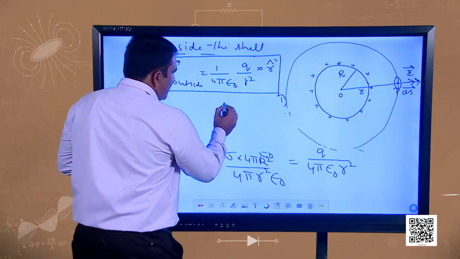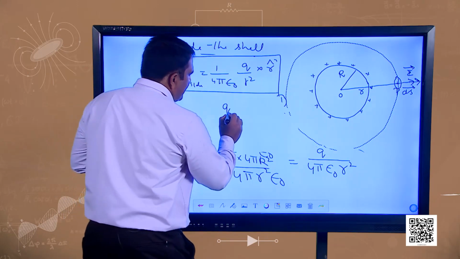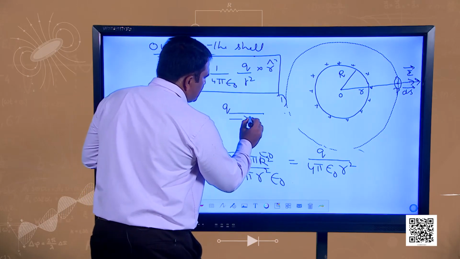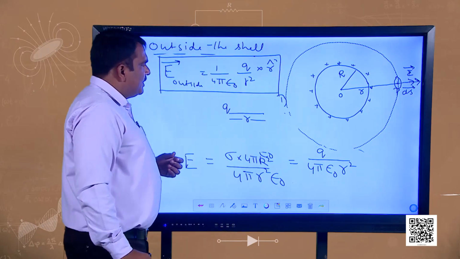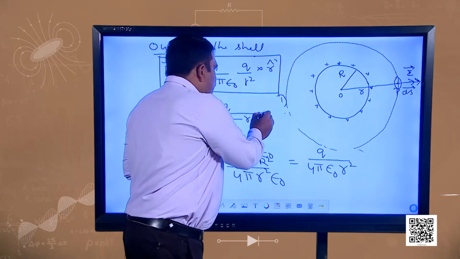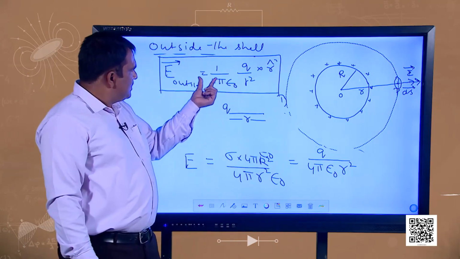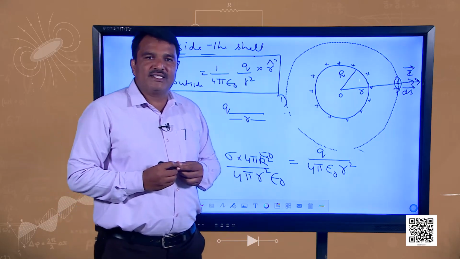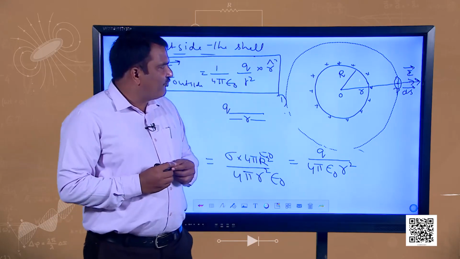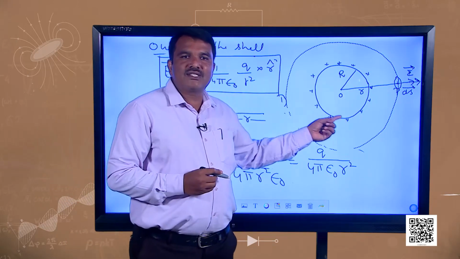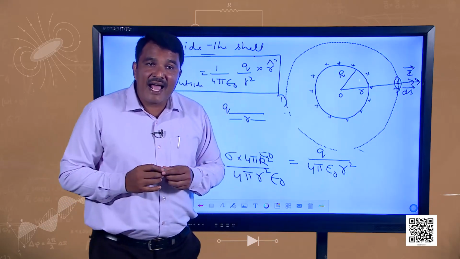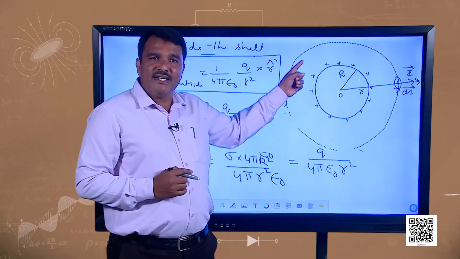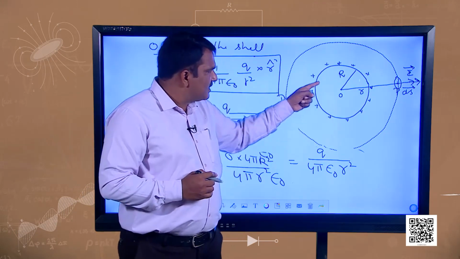Suppose this is a point charge q and we wish to find electric field at any point which is situated at a distance small r from it, then the formula for electric field at this point is the same. Thus, for all the points outside the cell, the field due to a uniformly charged cell is as if the entire charge of the cell is situated or concentrated at its center.